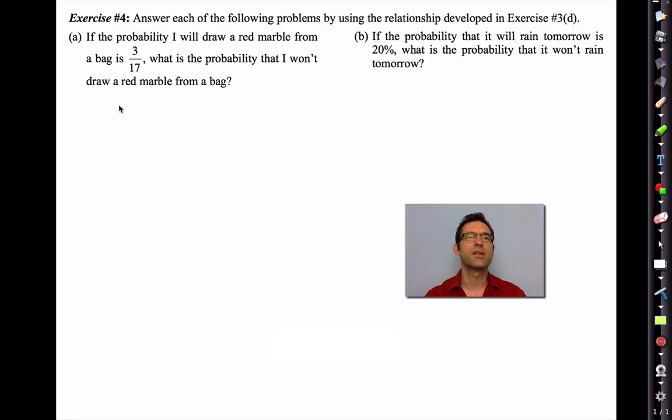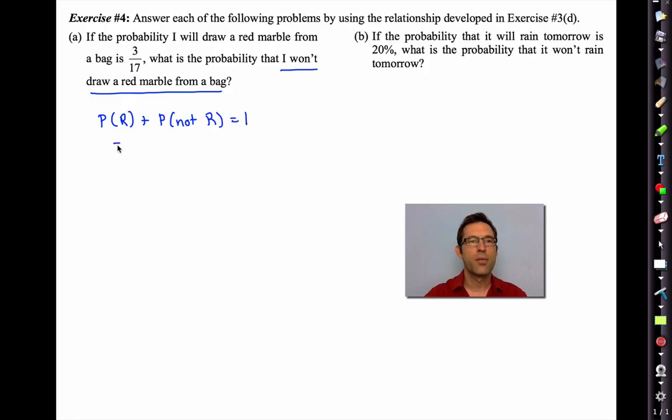So letter A says, if the probability I draw a red marble from a bag is 3/17, what is the probability that I won't draw a red marble from a bag? Well, again, the probability of red plus the probability of not red must be equal to 1.